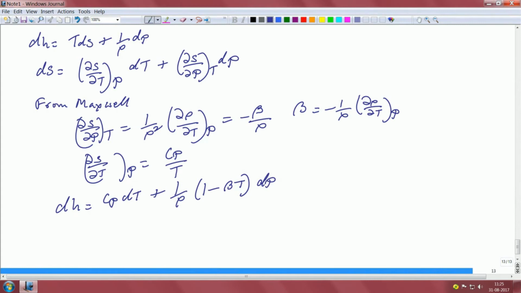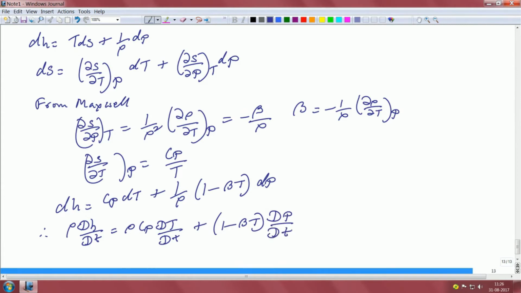Therefore rho dH by dt is rho Cp dT by dt plus 1 minus beta T into dP by dt. That is what you will get. Now we are in a perfect situation to cast it in terms of temperature, which will give you rho Cp in terms of temperature.